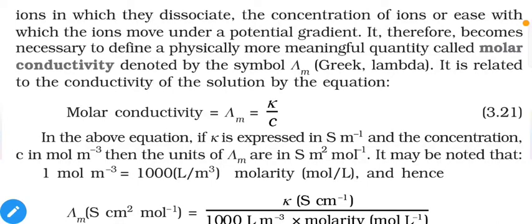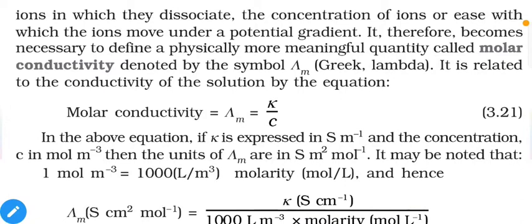In the first solution 0.8 moles will dissociate, but in the second solution 0.9 moles will dissociate. So the same quantity of NaCl gives a different number of ions under different concentrations. That's why we are moving to the molar conductivity value, which gives us constant results.